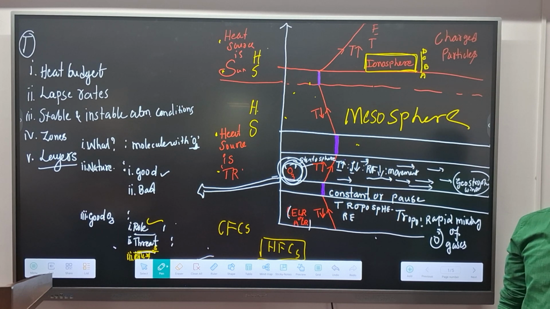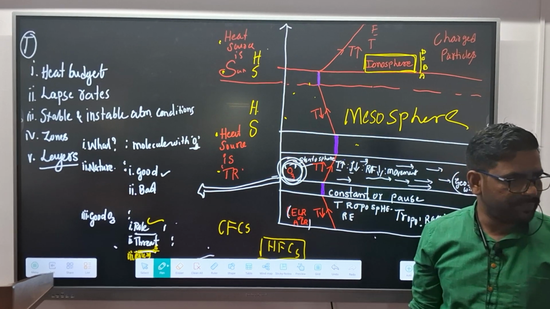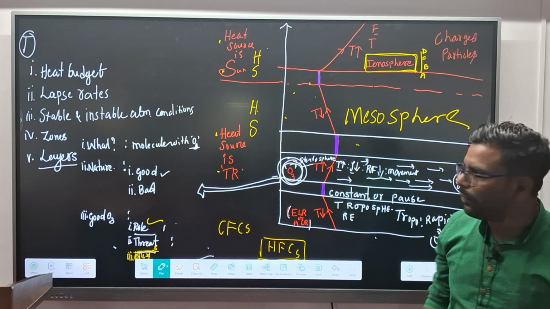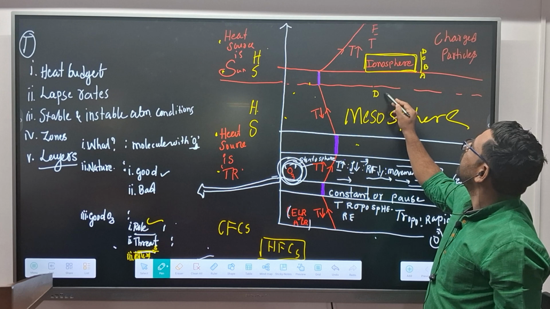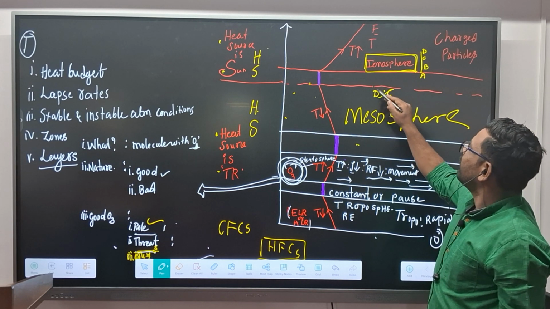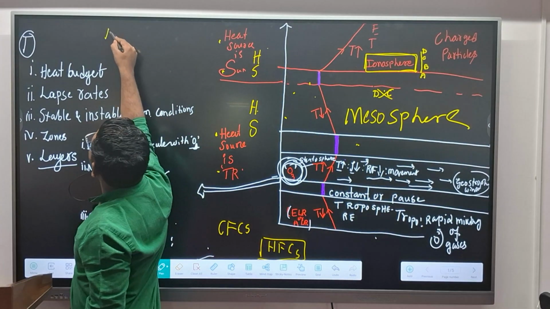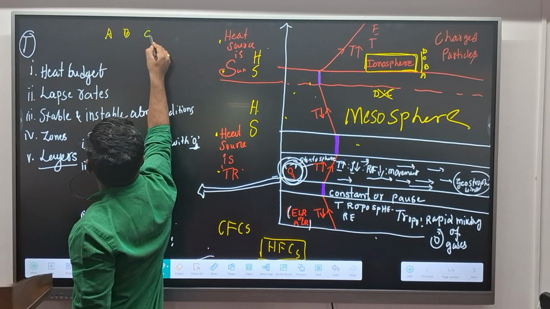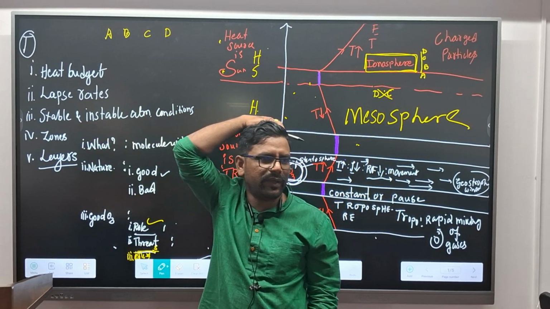D, right? Because it is relatively nearer to the sun, and that means it is getting more ions. Getting my point? So we can write it as A, B, C, D, whatever you can say. Understood?